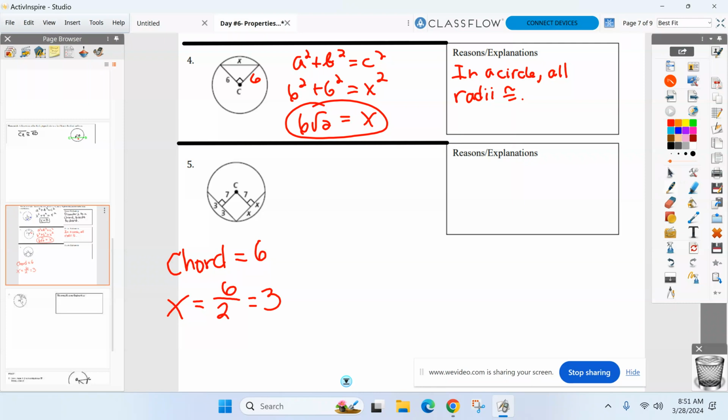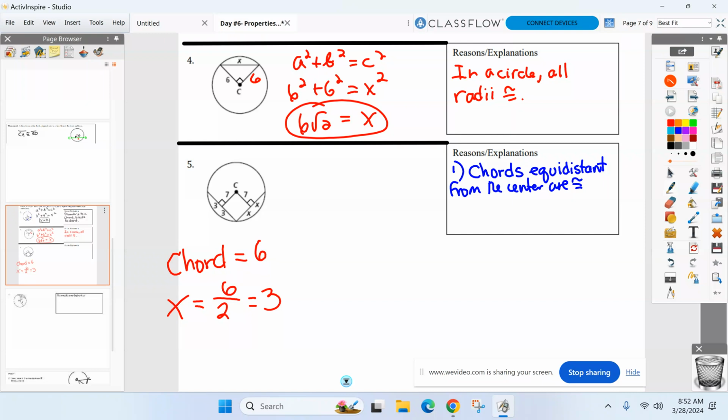All right, we use 2 theorems here. First theorem, how do we get the chord of 6 again? Ready? Chords. What do we know about these chords? Chords equidistant from the center are congruent. That's how we got that other chord to be 6 units long, because they're equidistant.